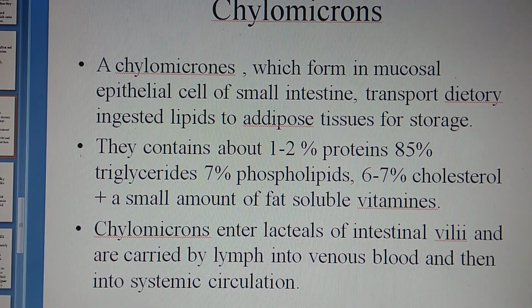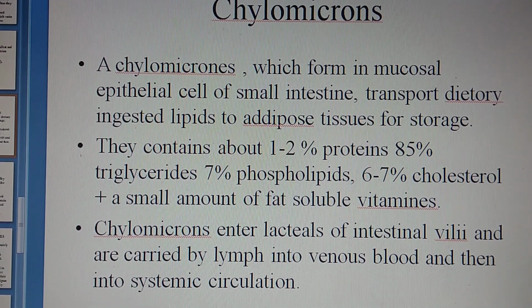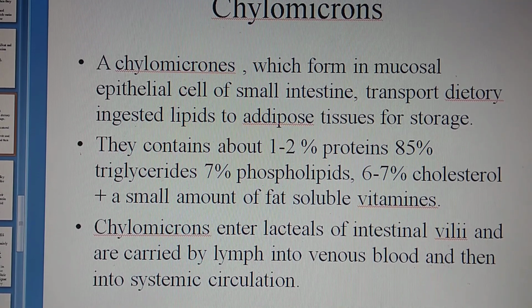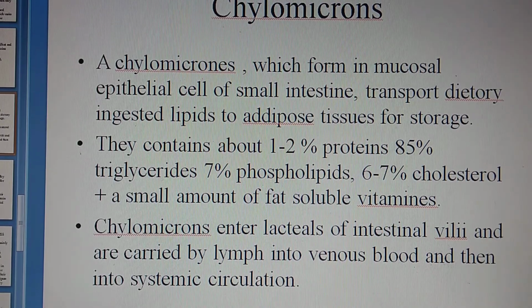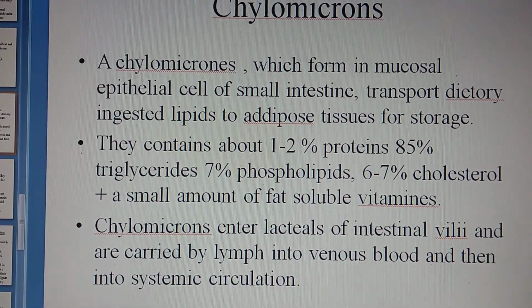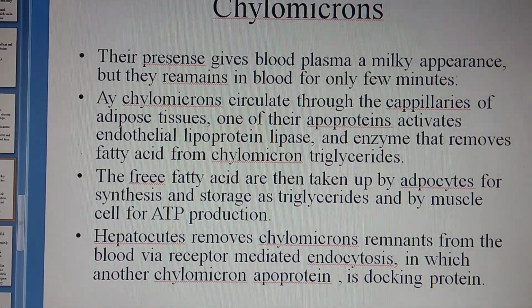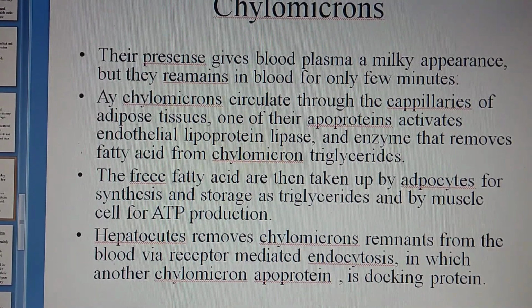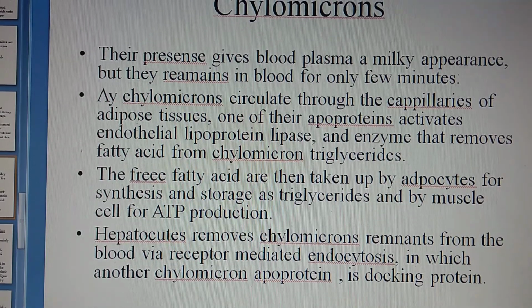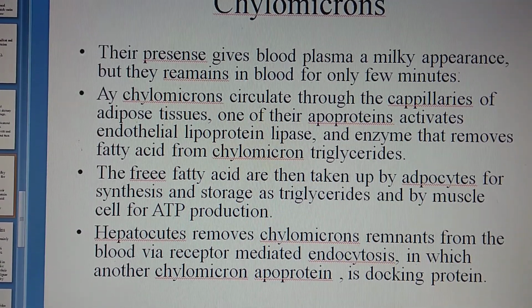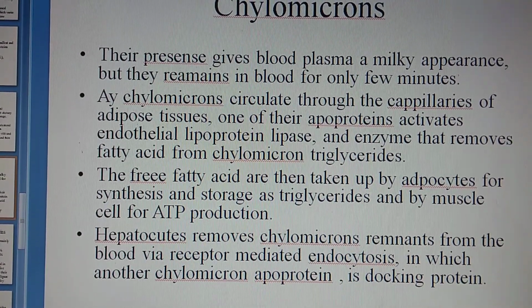Chylomicrons enter lacteals of the intestinal villi and are carried by lymph into the venous blood and then into the systemic circulation. This is the first lipoprotein. Their presence gives blood plasma a milky appearance, but they remain in the blood for only a few minutes. They are not present after 24 hours.